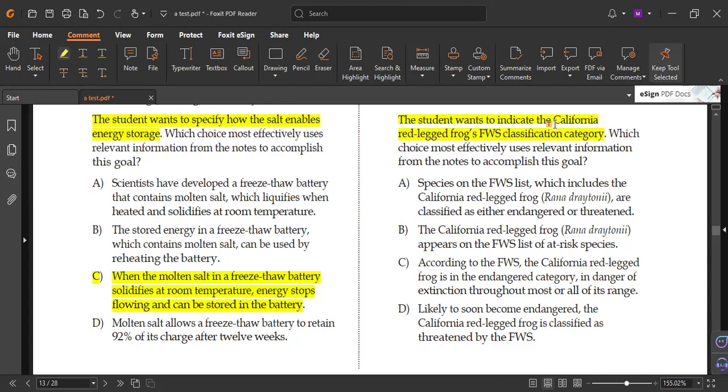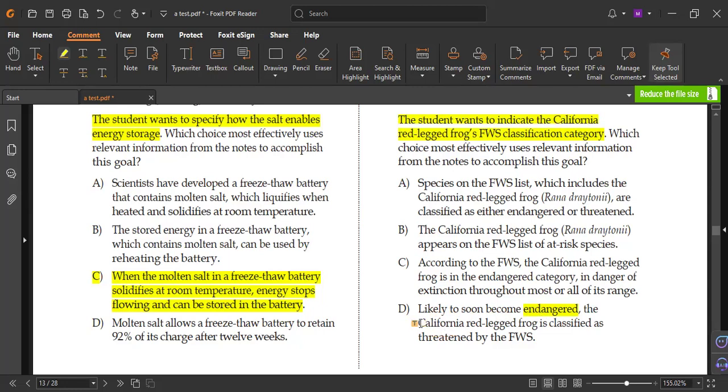A indicates the classification category, to tell you what the category of this red-legged frog is according to FWS. That's mentioned in letter D, likely to soon become endangered. Yes, here: likely to soon become endangered.